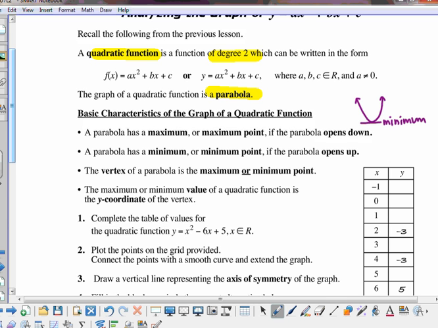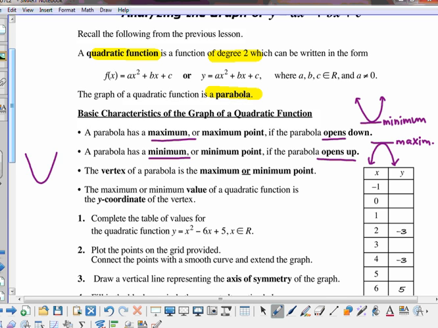So a parabola that's opening up will have a minimum. A parabola that opens downwards is going to have a maximum. Okay? So that's important to know, right? If it's opening up, it's going to have a minimum value. Opening down, it's a maximum value.